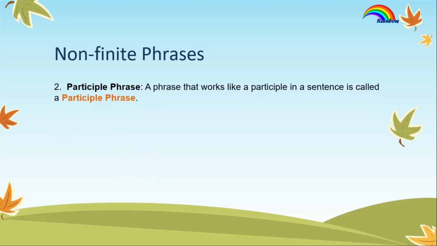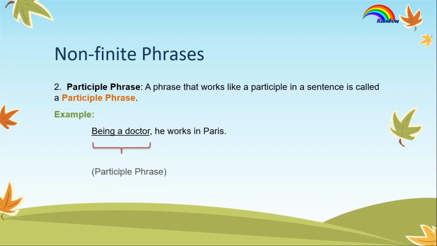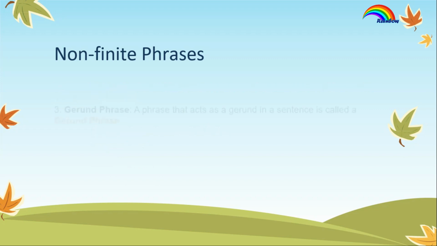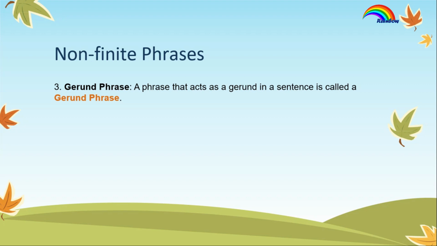2. Participle phrase. A phrase that works like a participle in a sentence is called a participle phrase. Example: Being a doctor, he works in Paris. Here, the participle phrase is being a doctor. 3.